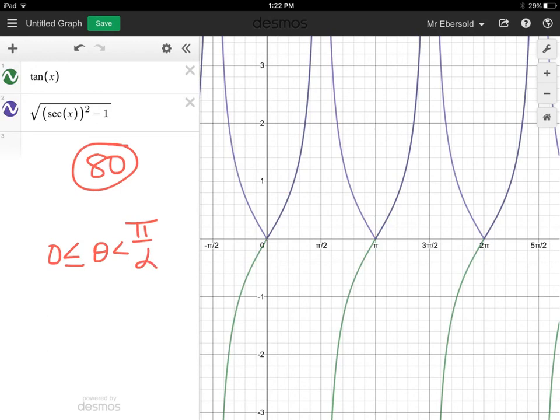That's an asymptote there. So, do pay attention to how you're writing things. And also from pi all the way to 3 pi over 2, but not including 3 pi over 2. And so every theta in those two intervals is a solution to this.